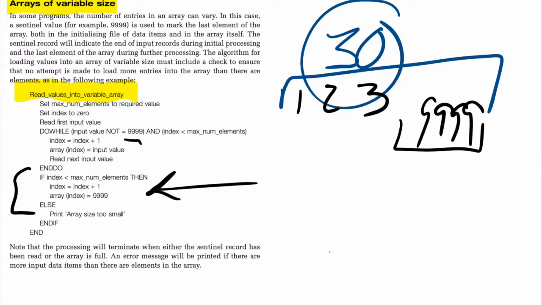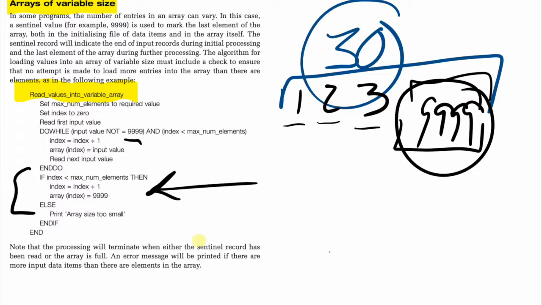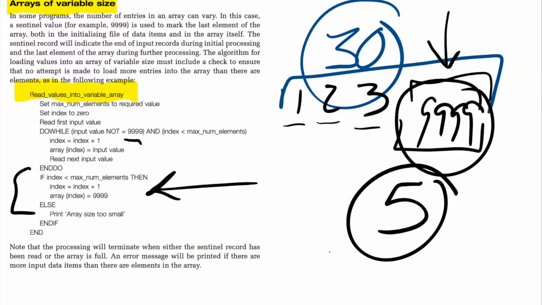This way, when the array is being accessed again, it's going to know, okay, there's a value here, there's a value here, there's a value here. Oh, here's a value of 9999. I can start inputting new data here. And when I'm done, let's say 5 more elements are read into there.